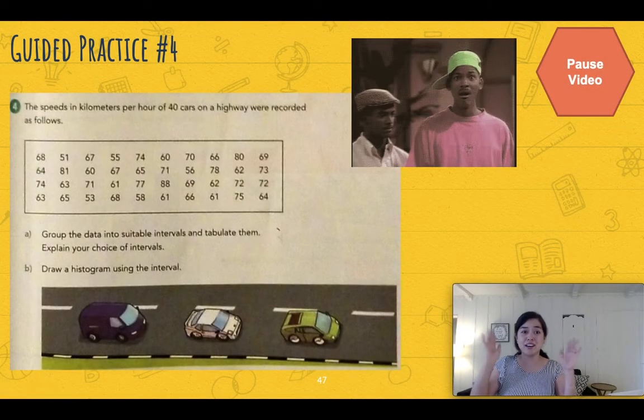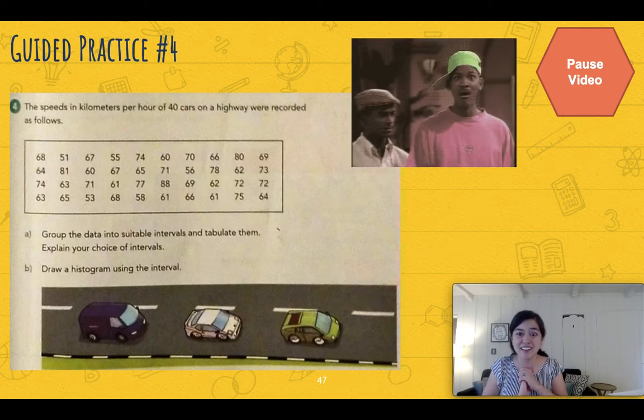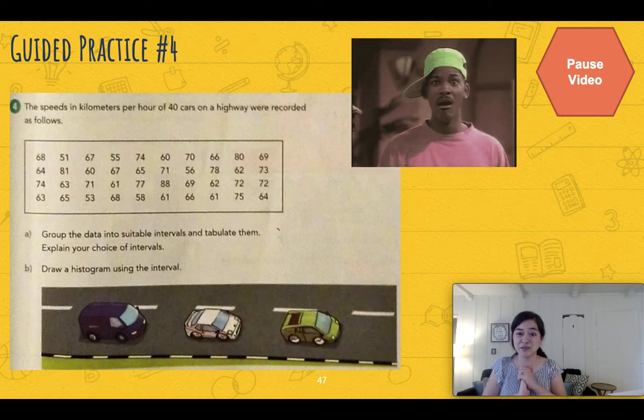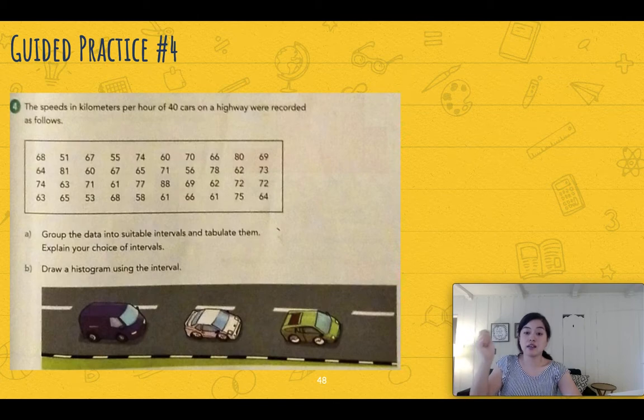All right, please do guided practice number 4 on your own, and let's see what you get, okay? All right, I'll be waiting. How was it? Oh, it's a little tedious, isn't it? So I actually tried to do guided practice number 3 for you on a board, and it was fine.